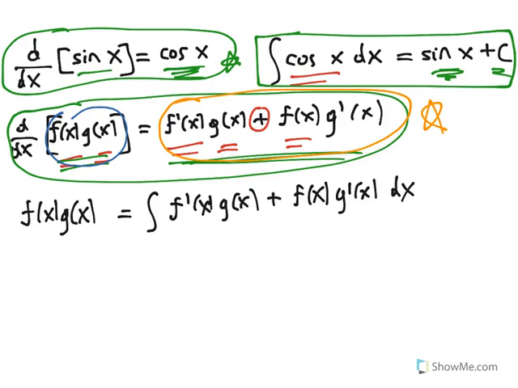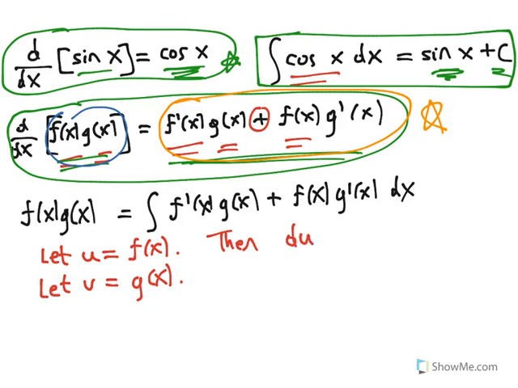Our next step in the development of the integration by parts formula is to make this substitution. We're going to let u be equal to f of x, and we're going to let v be equal to g of x. So now we will find the differential of u.